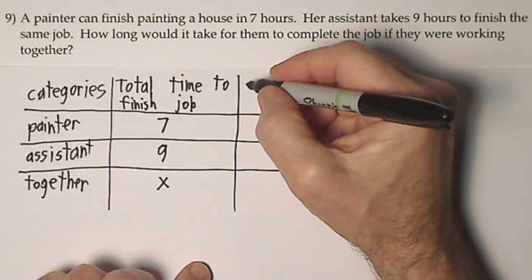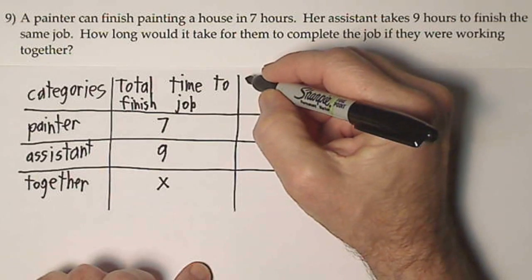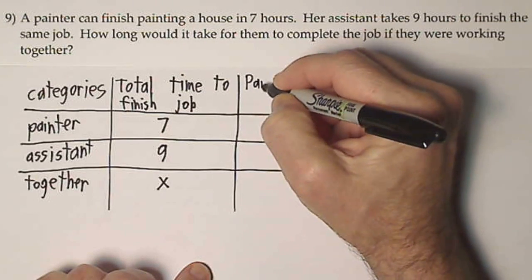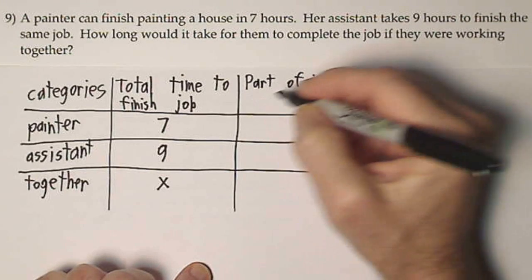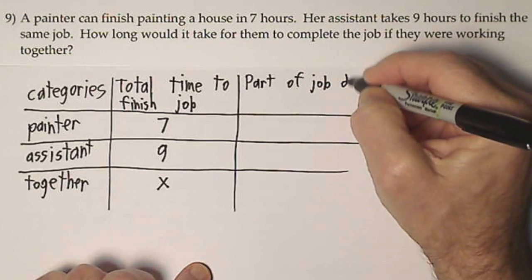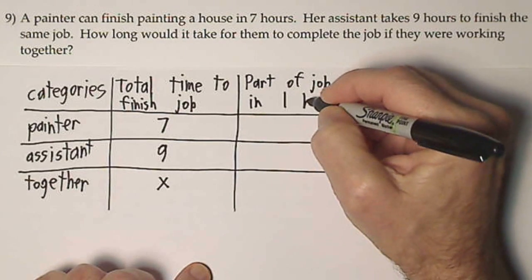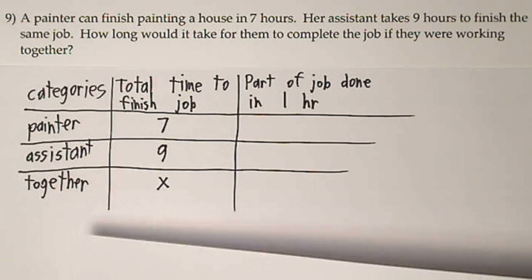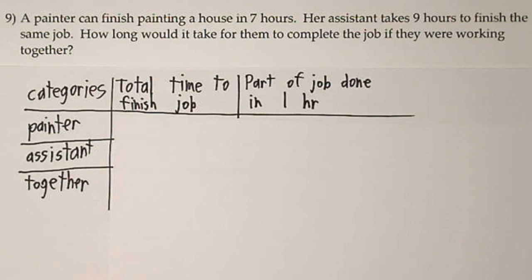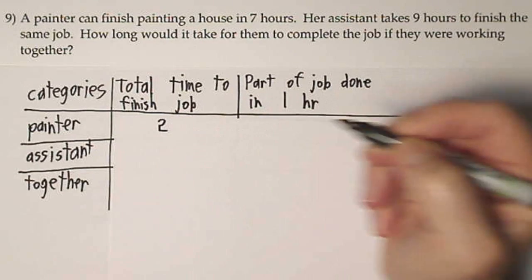is we're going to look at how much of the job they can do in 1 hour. So, part of job done in 1 hour. And think about this for a second, just to see why this works. Let's say the painter could do the whole job in 2 hours.